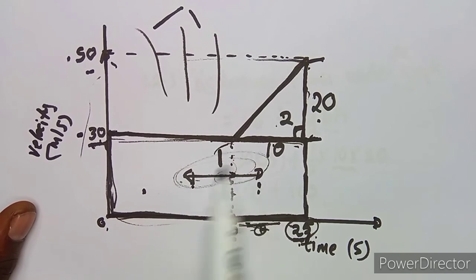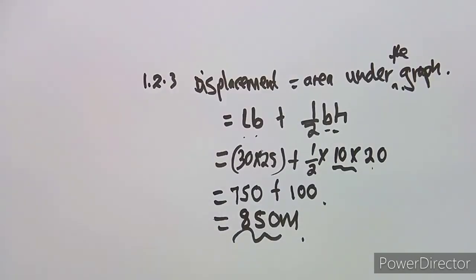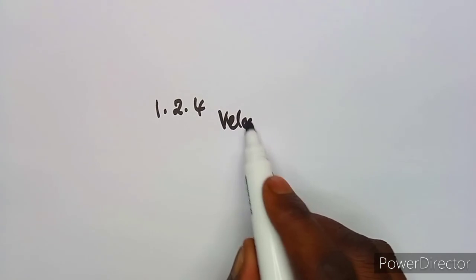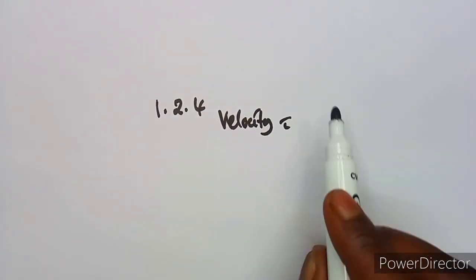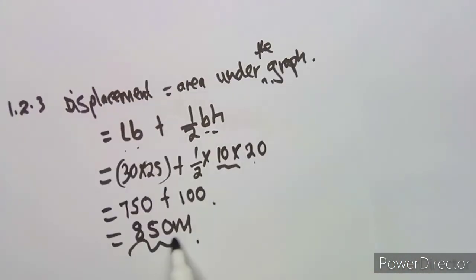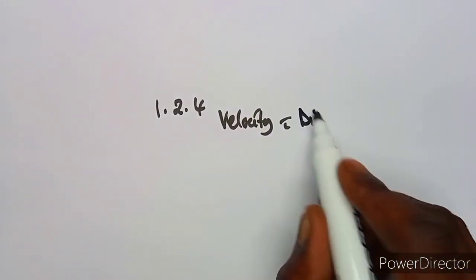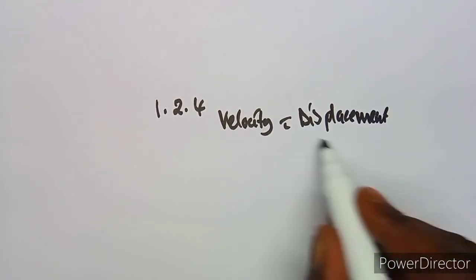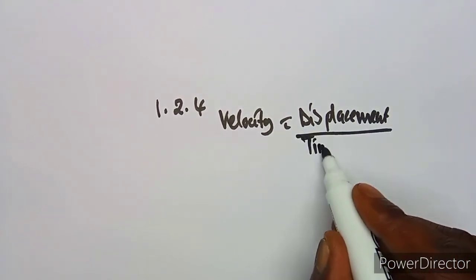We already calculated the displacement, so it's going to be easier for us to have the velocity now. So we are going to have our velocity as the displacement over time taken.